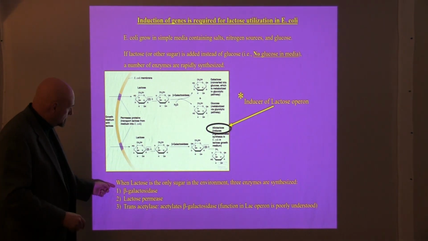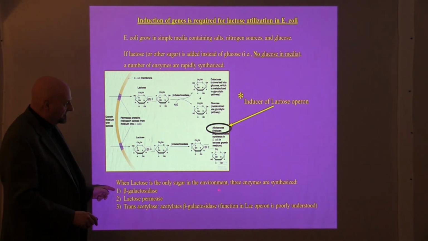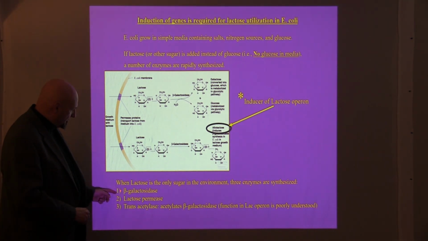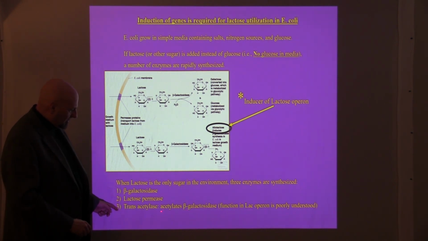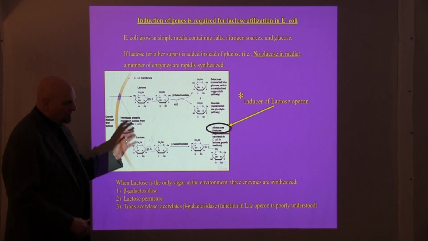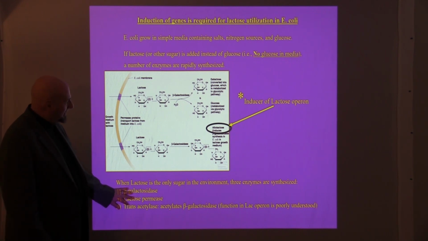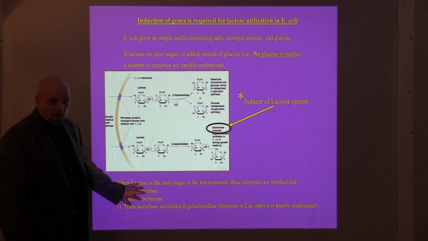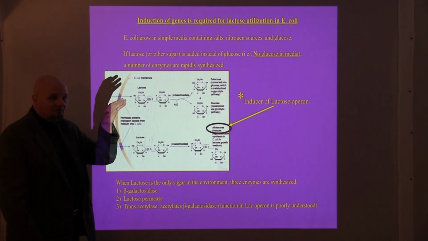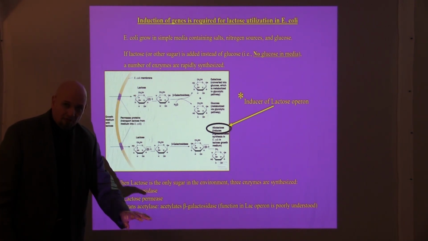So when lactose is the only sugar in the environment, 3 enzymes are synthesized: beta-galactosidase, lactose permease, and transacetylase, which acetylates the beta-galactosidase, and its function in the lac operon is not completely understood, but these 3 come about. Okay, now they're already there, they're already in the system, but at a very, very low amount.